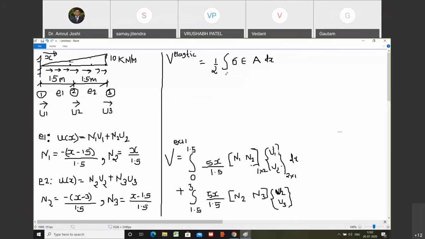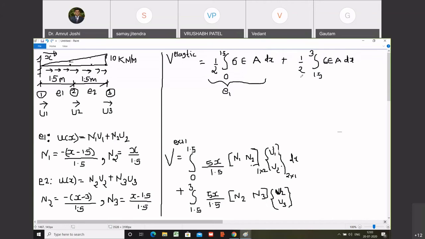Its integration from 0 to 1.5. If I do this integration from 0 to 1.5, this is for element number 1. Agreed? Yes. Plus half integration 1.5 to 3, and I have to say stress into strain into A dx.